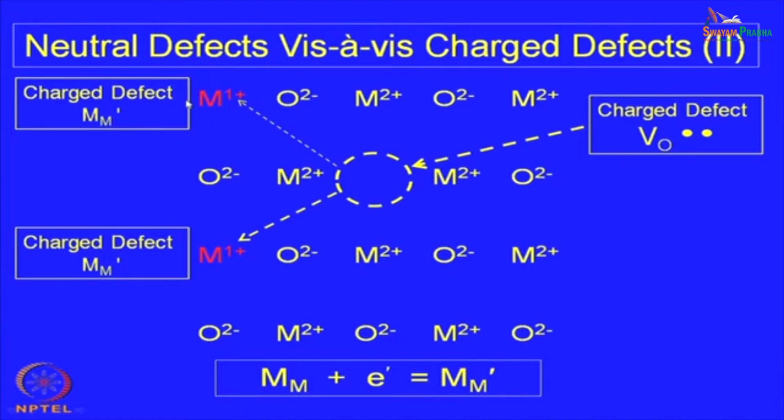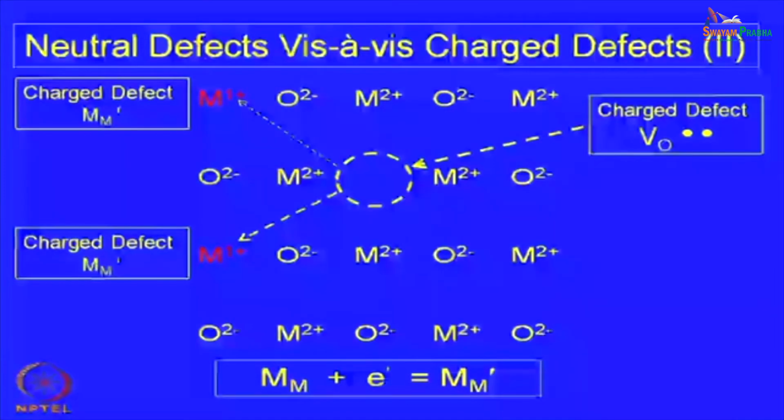It is a defect in the sense it is no longer M2 plus, it is M plus, okay, and this is also M plus. So, this is another kind of defect which has been created by M at the M site, but not its regular charge, it has one less positive charge, which is supposed to be 2 plus, now it has only 1 plus.